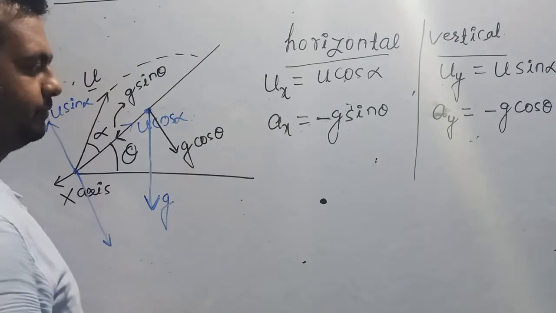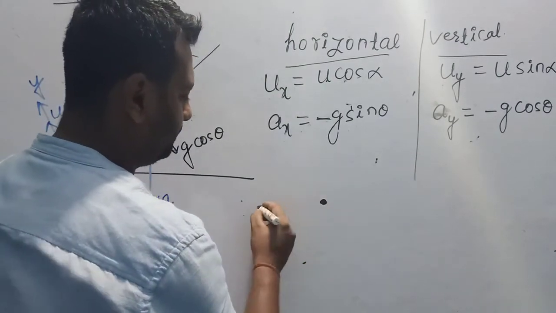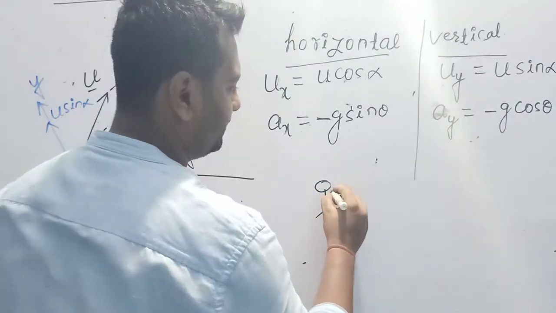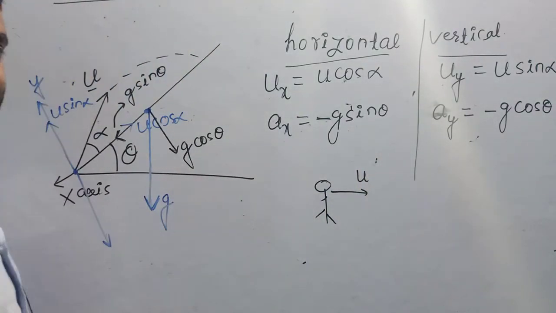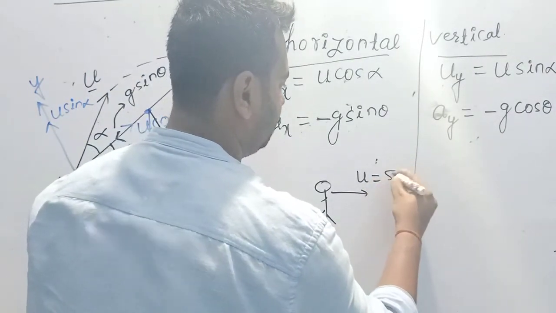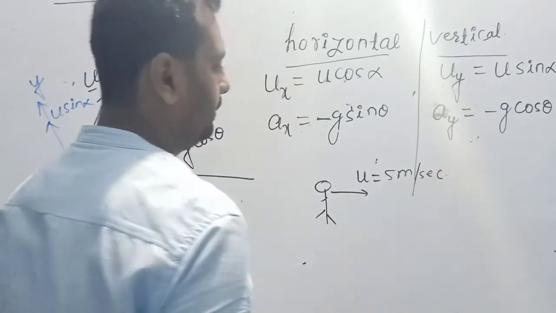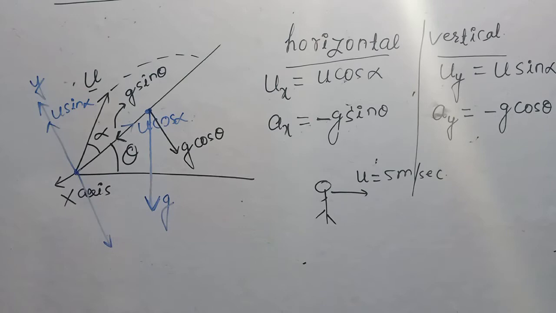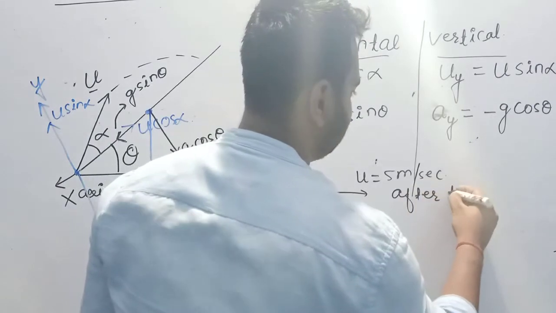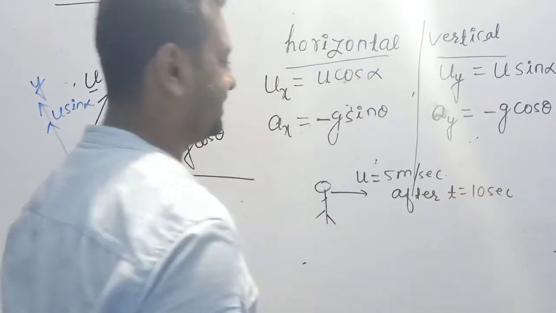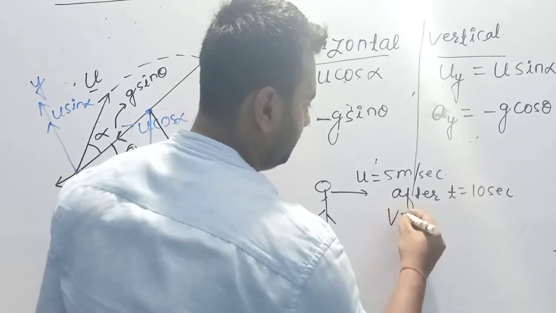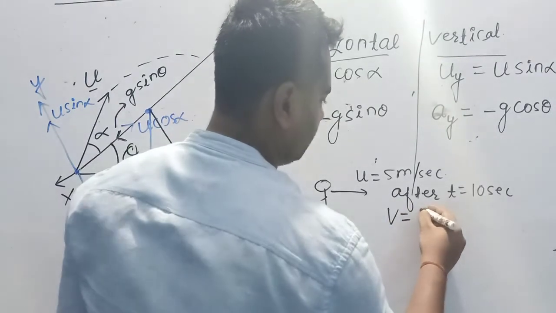Suppose this is any object having an initial velocity u equal to 5 meter per second, and after time t equal to 10 seconds, its velocity becomes v equal to 3 meter per second.